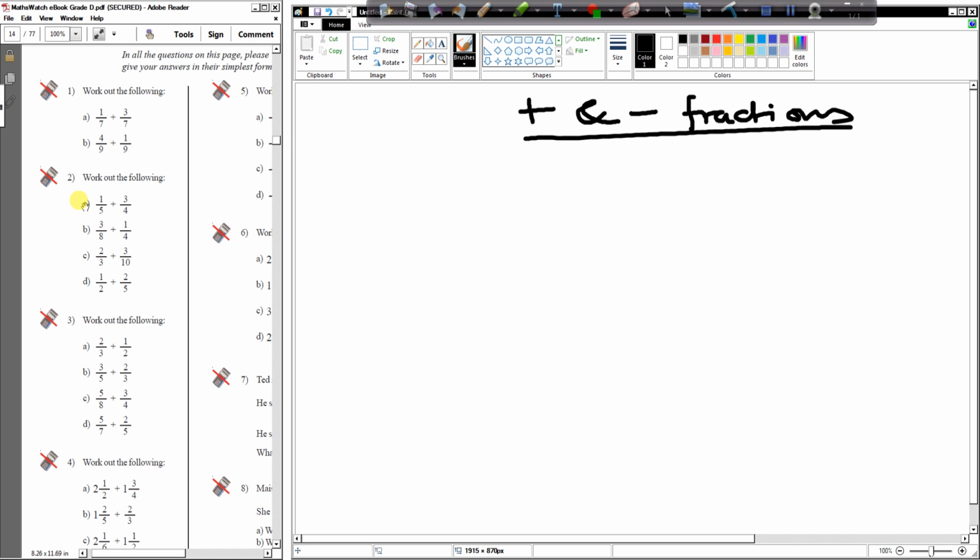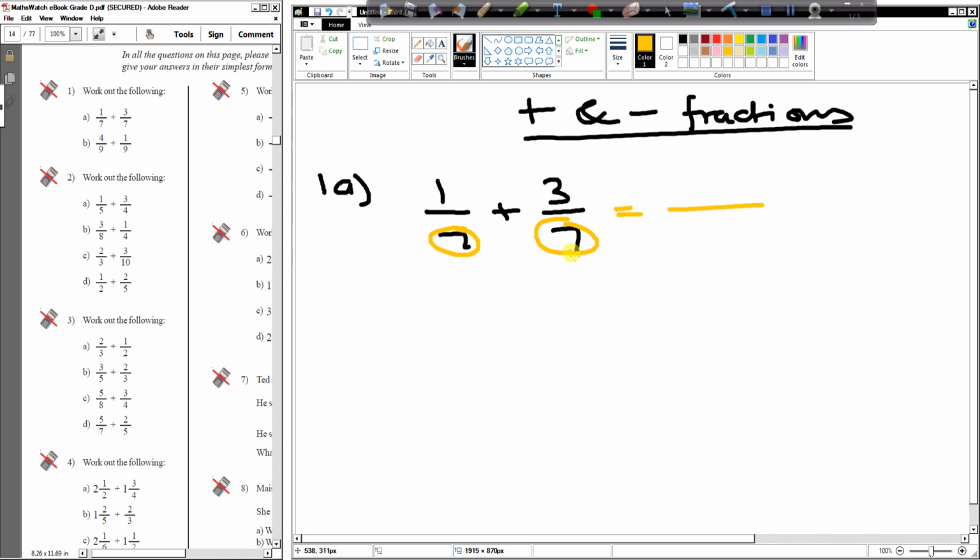Now, when we add and subtract fractions, let's go through some of the basics. So this first question is very good. Question 1a. When we are adding or subtracting fractions, we need to make sure that these bottom numbers, which are called the denominators, are both the same.